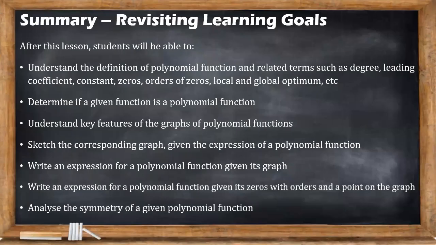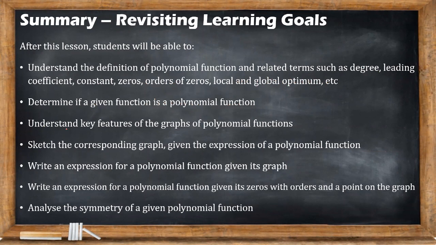All right, let's make a summary of today's lesson. So now you should be able to understand the definition of polynomial functions and related terms such as degree, leading coefficient, constant, zeros, orders of zeros, and global optimum, local optimum, etc. You should also be able to determine if a given function is a polynomial function.